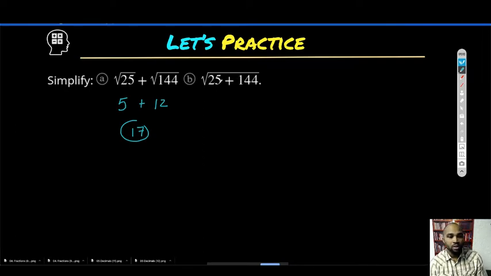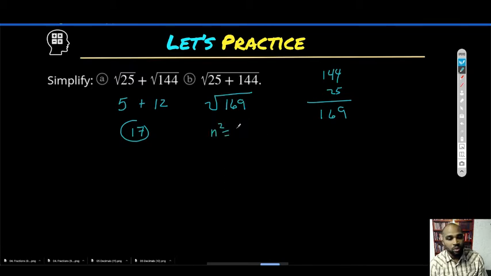Well, let's check. 25 plus 144 is 169. So that leaves me the square root of 169. Well, what number squared equals 169? It comes to find out that 13 times 13 will do that for me.